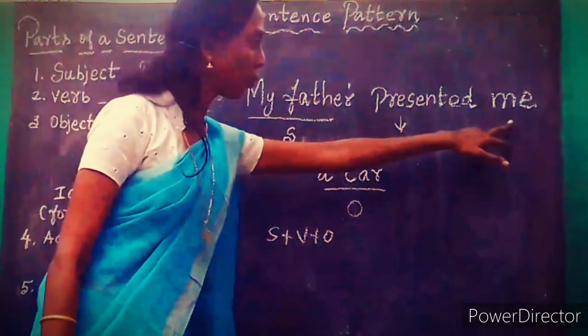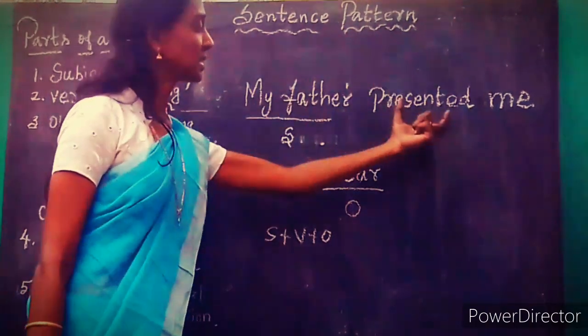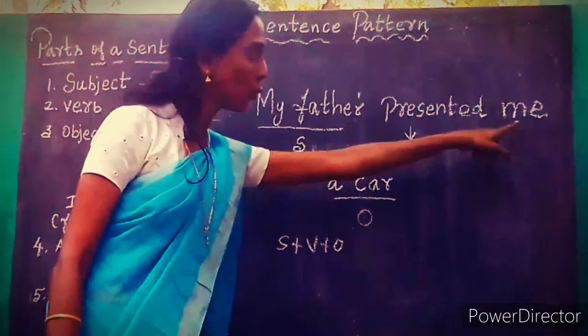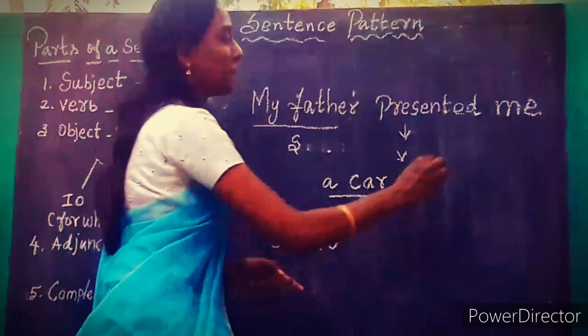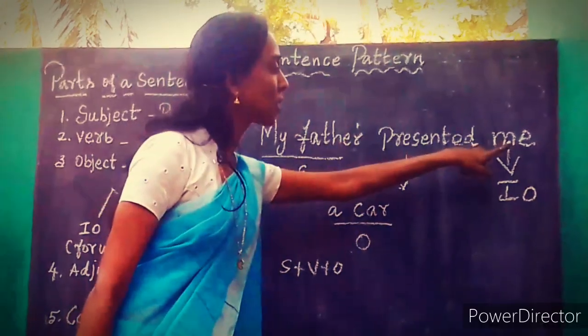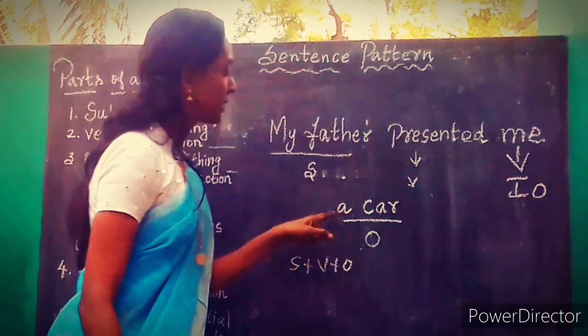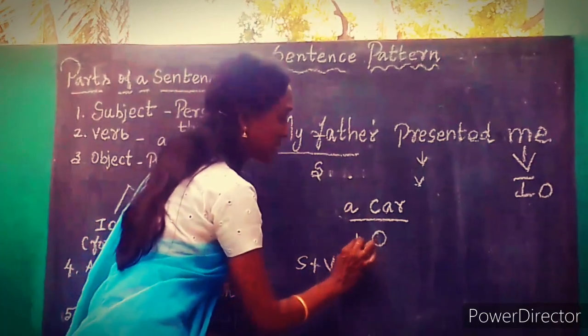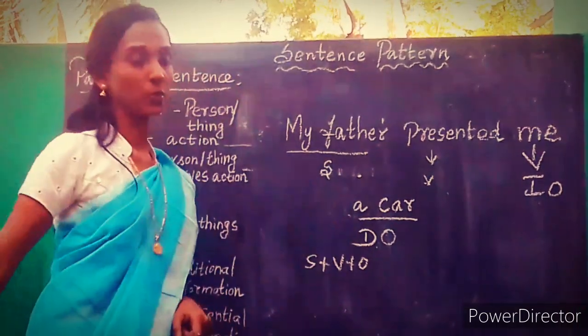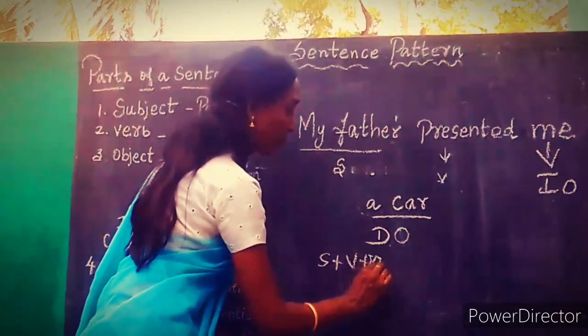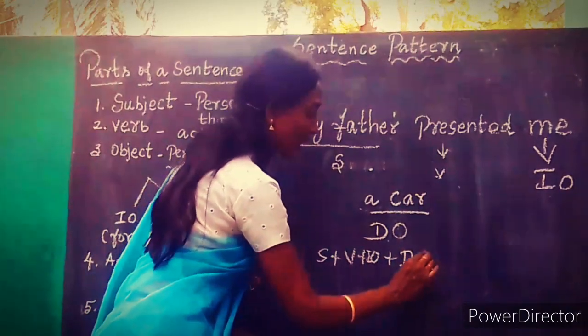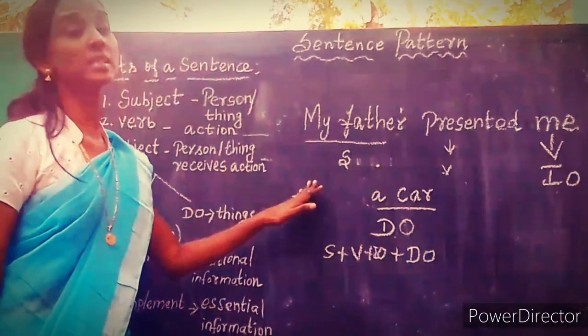For whom my father presented a car? Me. So it is called IO. Here a car is DO. So it is S V IO DO. Is it clear?